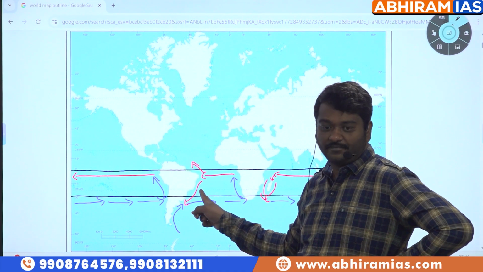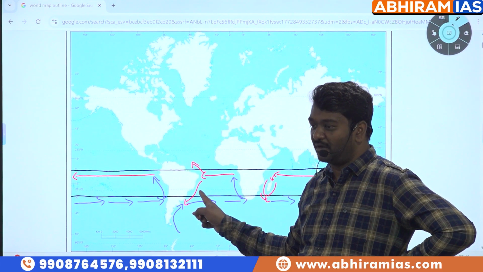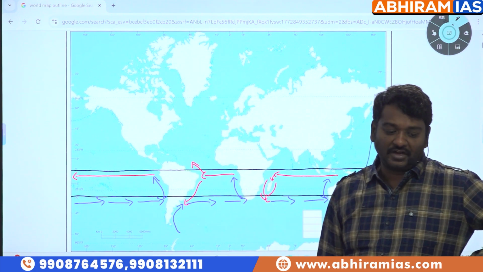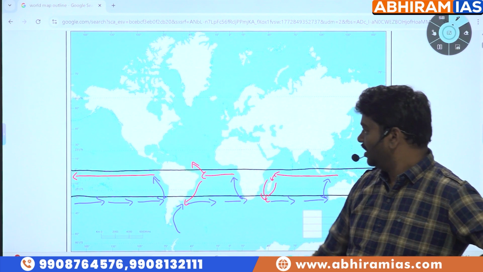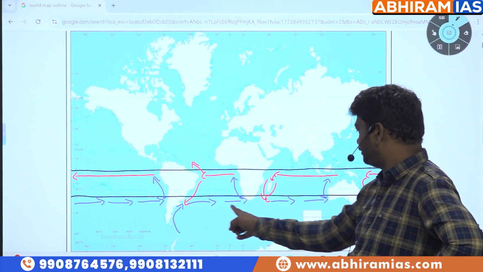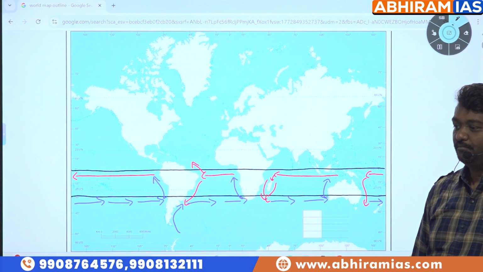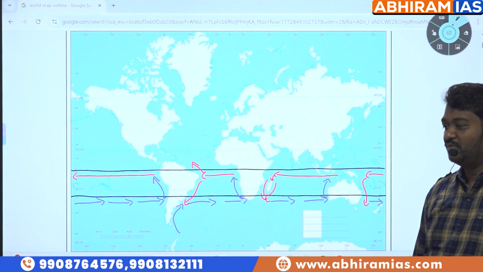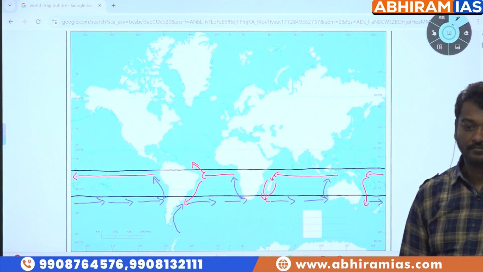Here also, hit and bring down. Next, after coming down, it comes under the influence of which one? Westerlies. So draw this below 30. It should be below 30. That means almost near Africa, the southern tip of Africa.